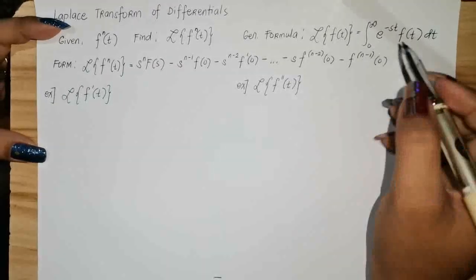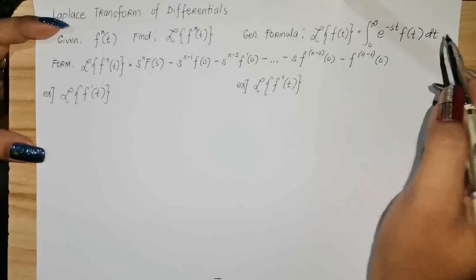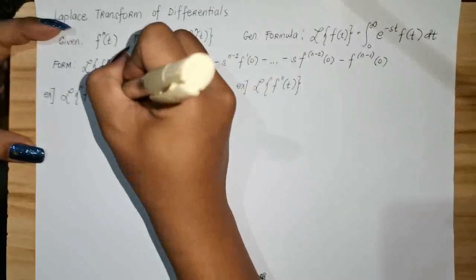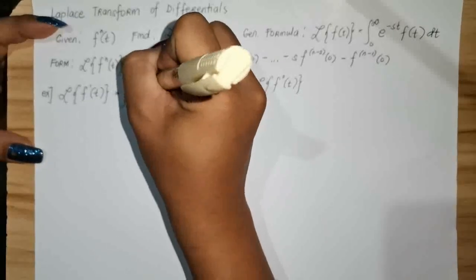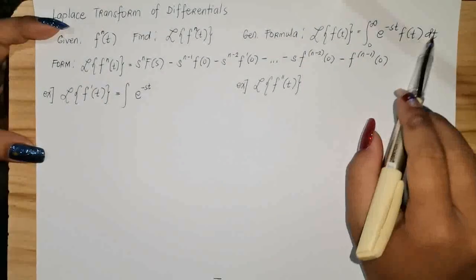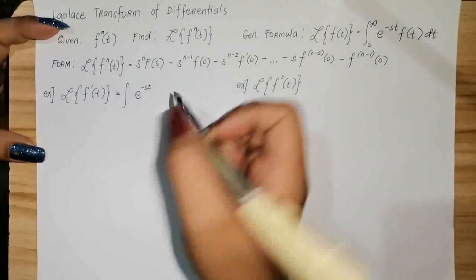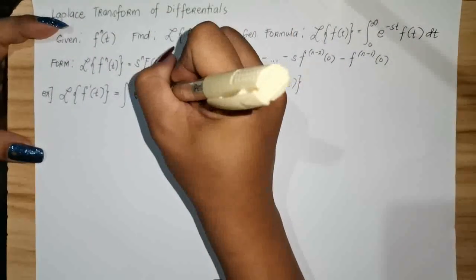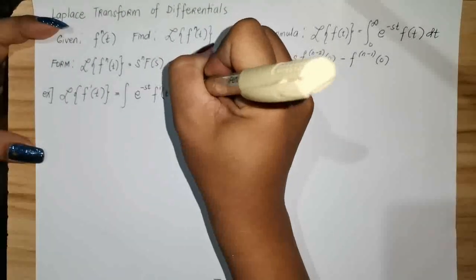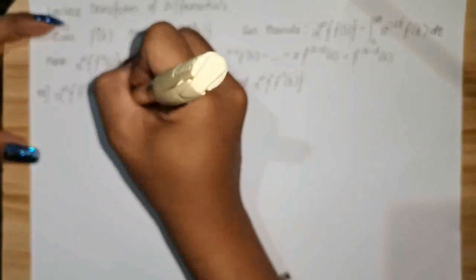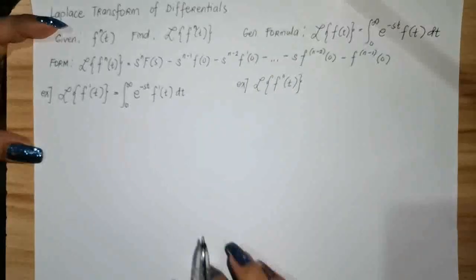So the general formula will be this. You must have the integral of e raised to negative st, then the given f of t. In this case, our given is the first derivative of the function of t, dt, from 0 to infinity.